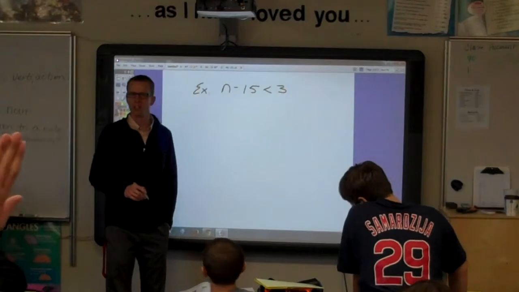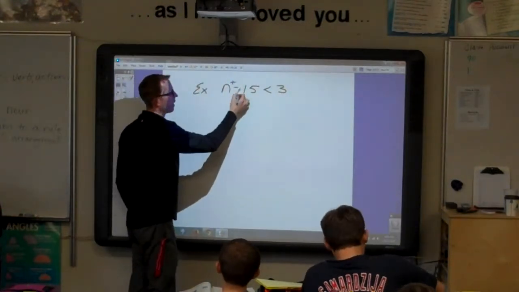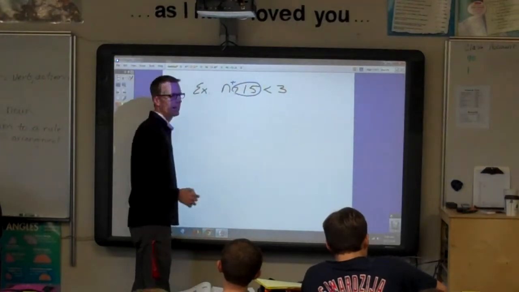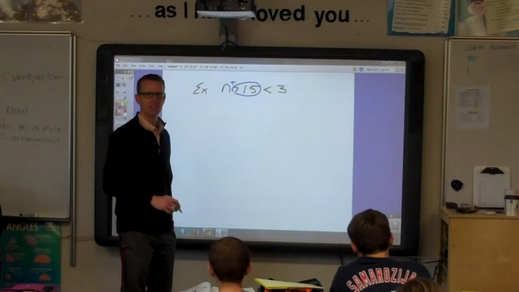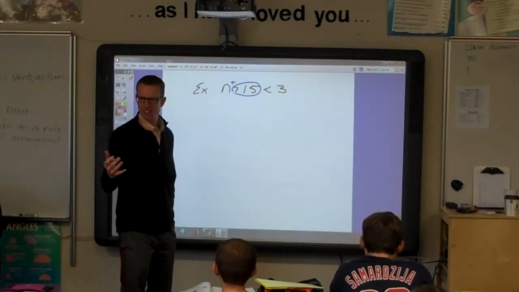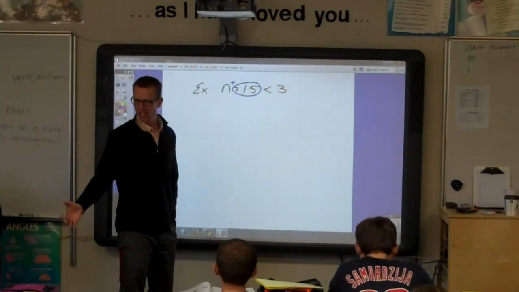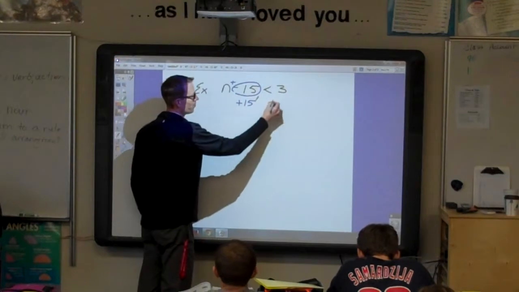What do we have to do here? We have to insert a plus sign. So you recognize this is a negative 15. We got to get rid of this negative 15. What do we do here? Class? Everybody add what? Add 15 to both sides.